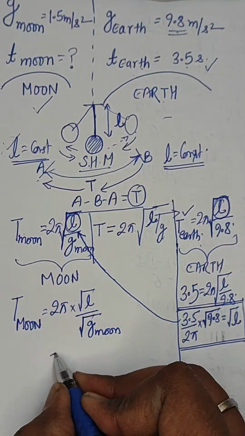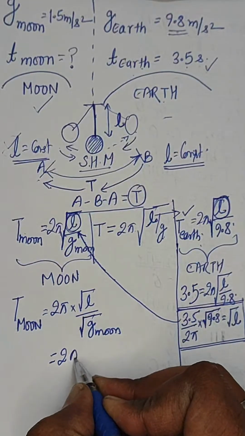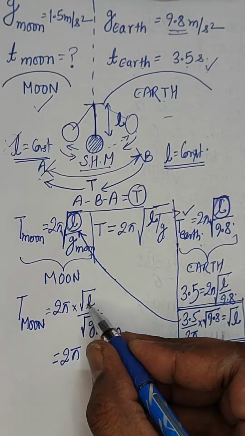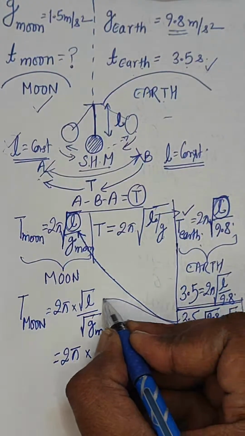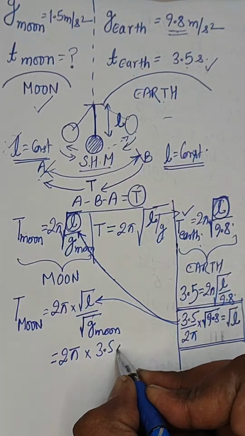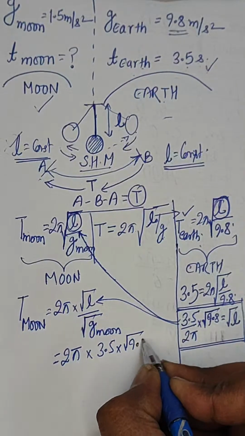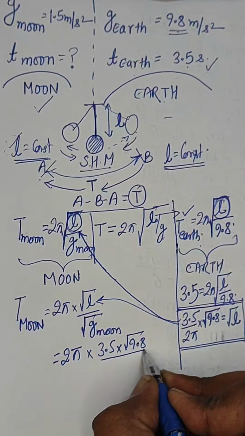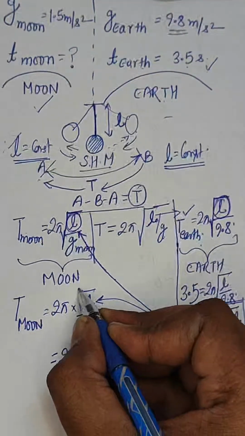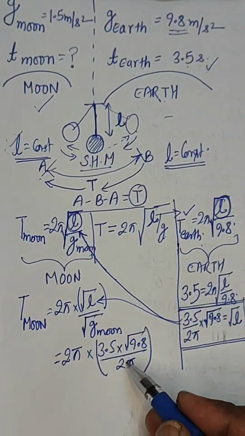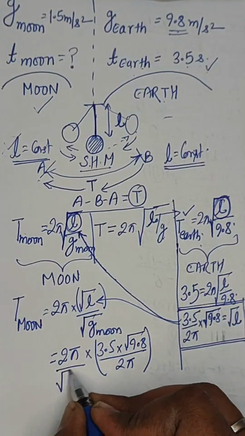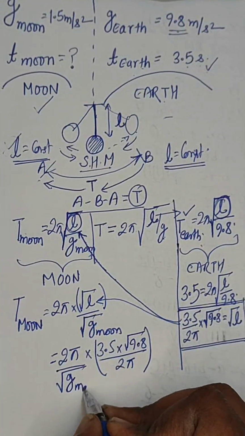Substituting the value of root L, it will give you 3.5 into root of 9.8 divided by 2 pi, divided by root over g of moon.